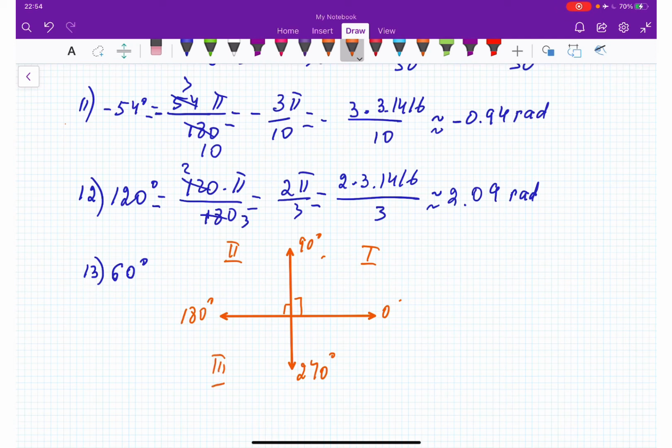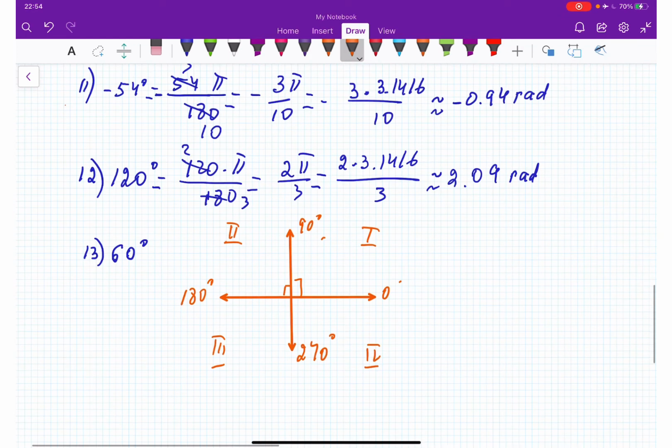And quadrants are counted counterclockwise. For people who are not good with this graphing environment, I have a video where I go over it in detail. I will put the reference to that video at the end of the screen.